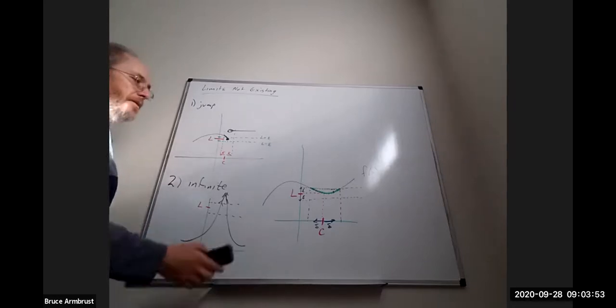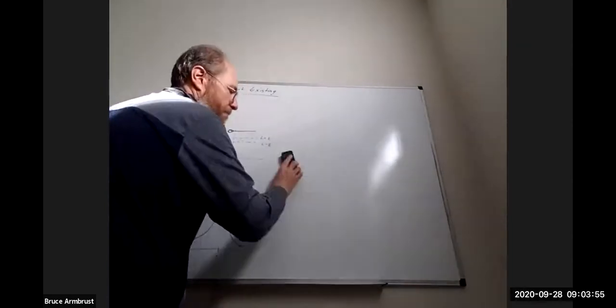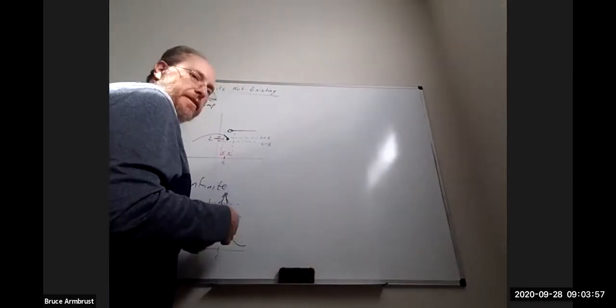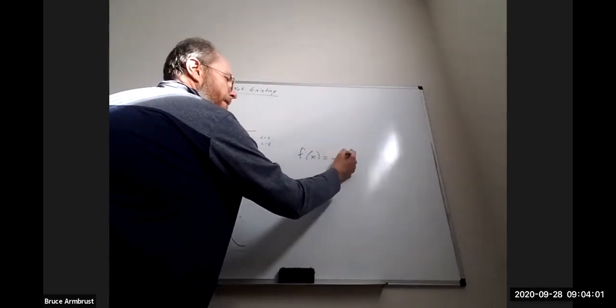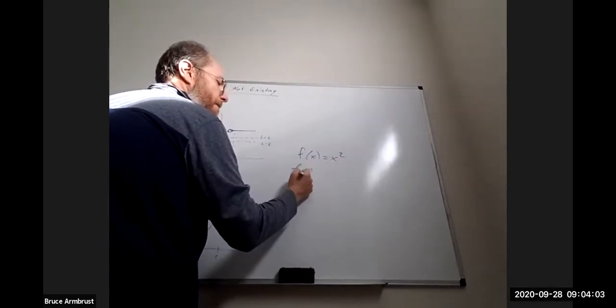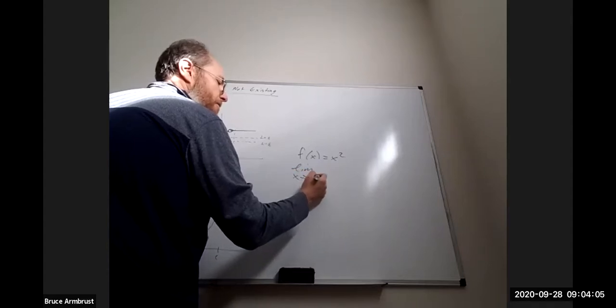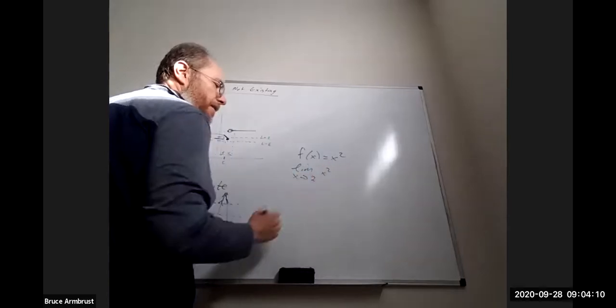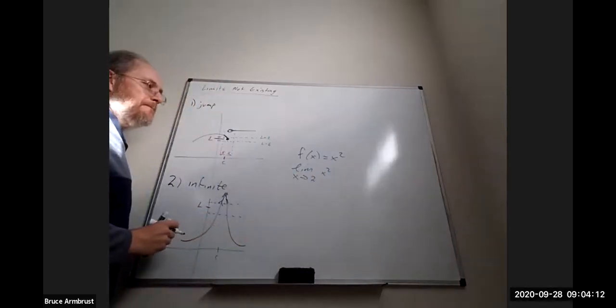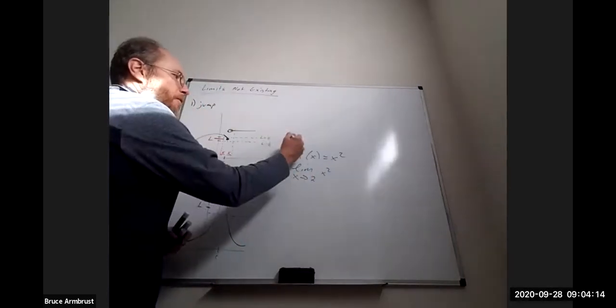All right, so let's look at this guy. f of x equals x squared, and we're going to look at the limit as x approaches 2 of x squared. So what is that limit?